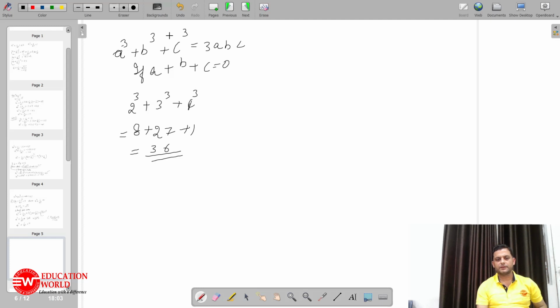But if the numeric values are big, then directly I can find the value. But this condition must be satisfied.